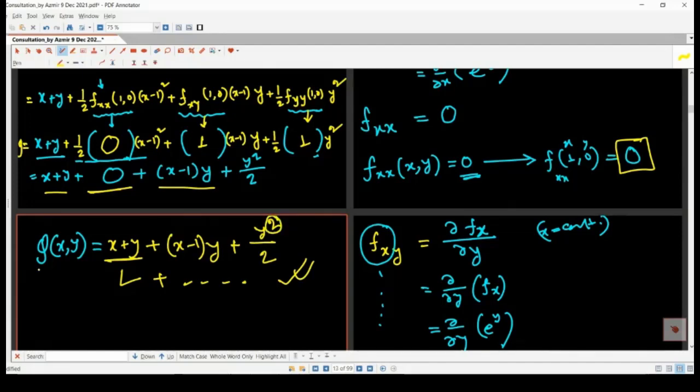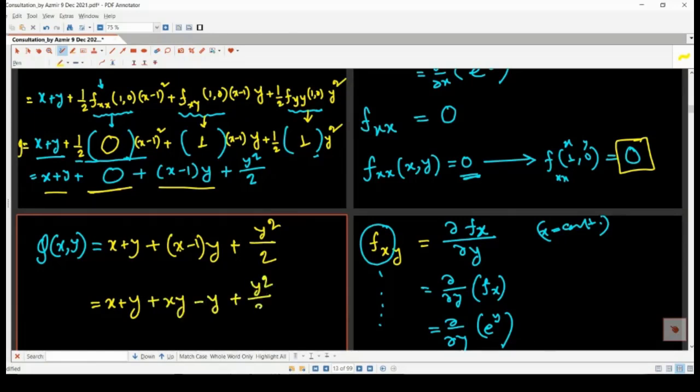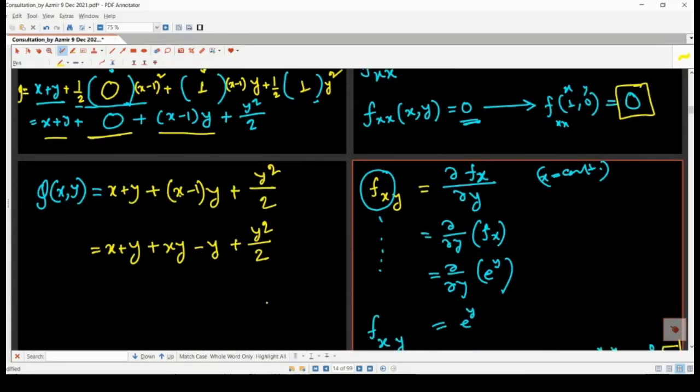Since we are going to find a quadratic or second degree polynomial, we have found y power 2, and also there is another term x times y. We can keep our answer here, or we can also simplify more. So it is x plus y plus xy minus y plus y squared by 2. So this is our final result.